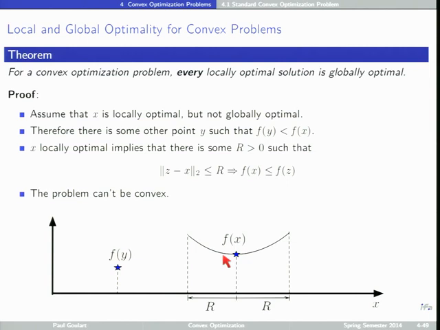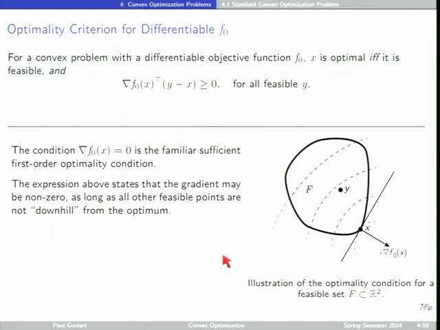Okay, so now what I want to show you are some conditions that you can use to check whether you have a globally optimal solution or not. So the first one is this one. First of all, if you have a convex function, a condition that I guess you'll be familiar with is this one right here, that the gradient of the function at the point that you're claiming is optimal must be 0.